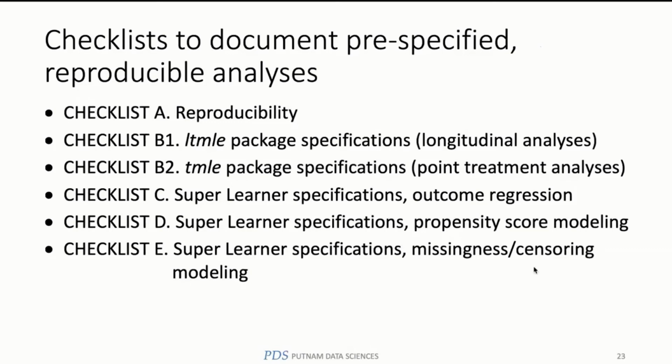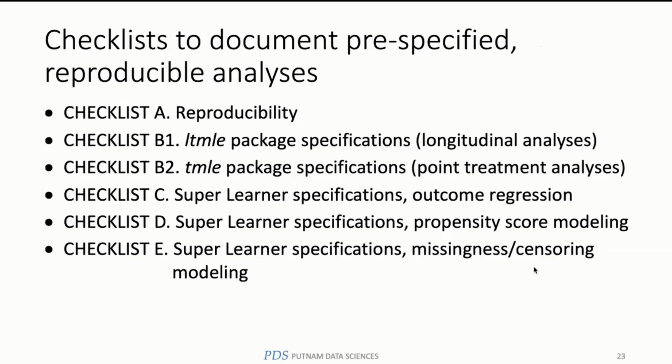And then if you're going to do a longitudinal analysis, say using the LTMLE package, then besides the data that you need to pass in, you also have to set what we call tuning parameters that control how the analysis is carried out. If you're doing a point treatment analysis, you do the same sort of thing, but for the TMLE package.